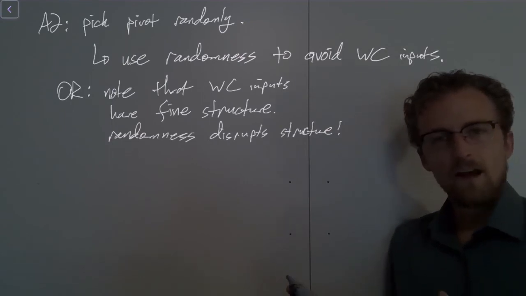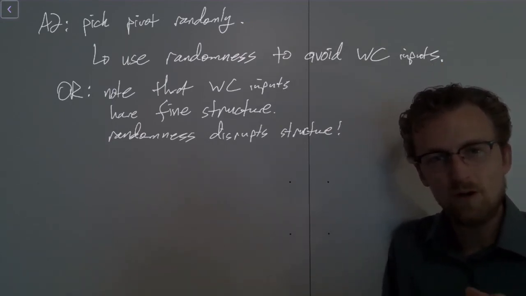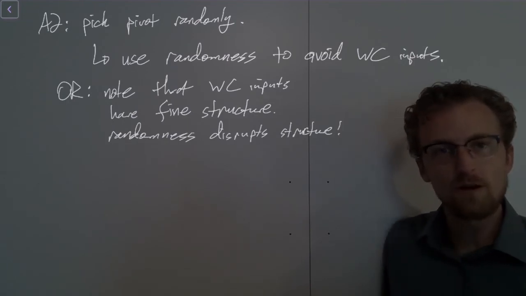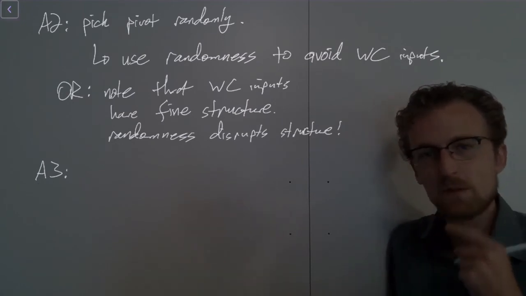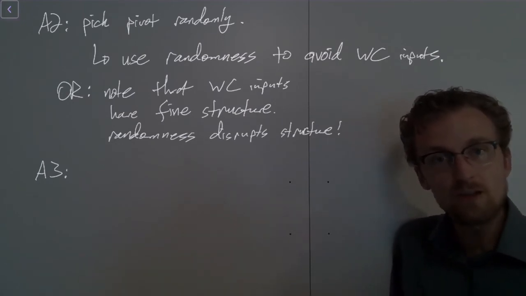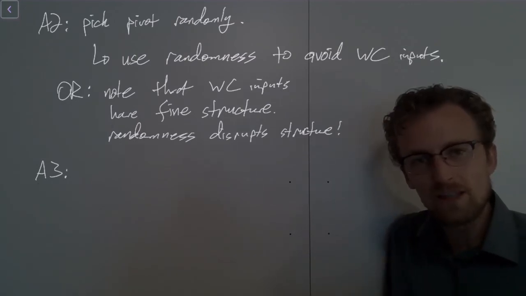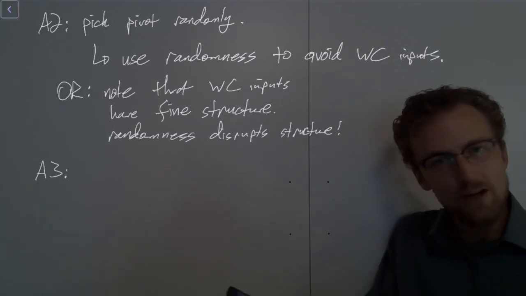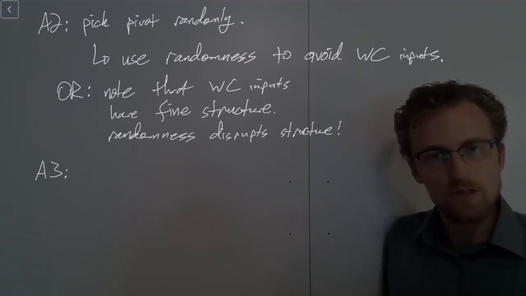Okay. And so let's think a little bit, just briefly, about what it means to disrupt structure, or what else we could do to disrupt structure. And so here's a third one, which is not a practical answer, but it's a true answer. And the third one is just scramble the array at the beginning, right? So you get your input array. You're worried that it could cause you to run in worst case.